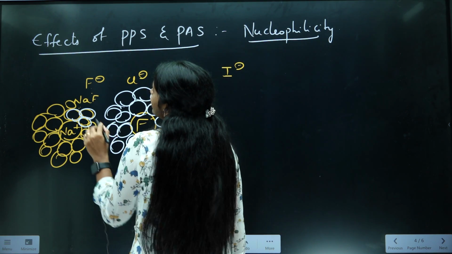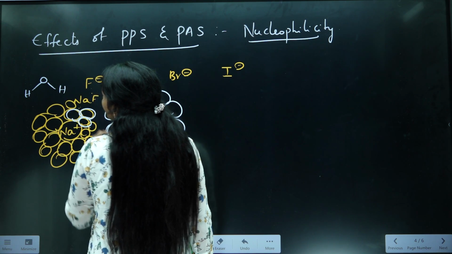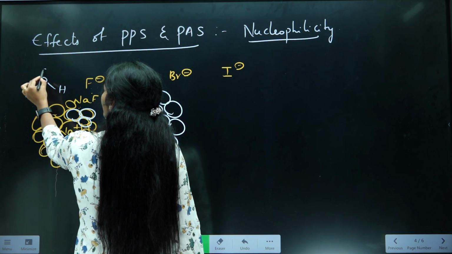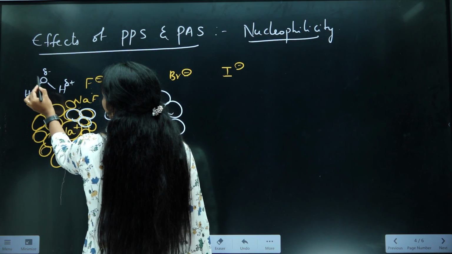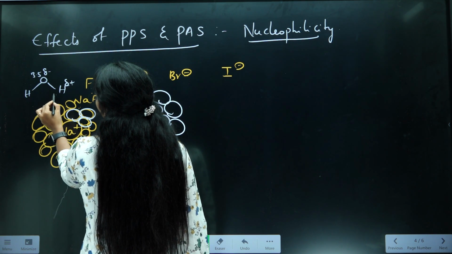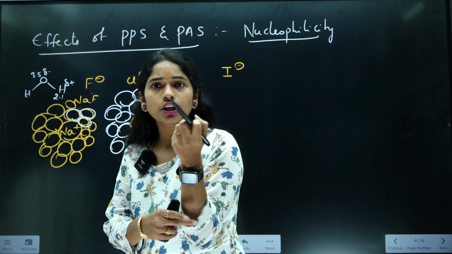If you take water as the solvent, oxygen is having a negative charge and hydrogen a positive charge, because the electronegativity of oxygen is 3.5 and hydrogen is 2.1. Oxygen is more electronegative, it withdraws the electrons towards itself.